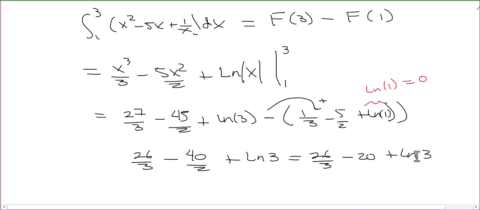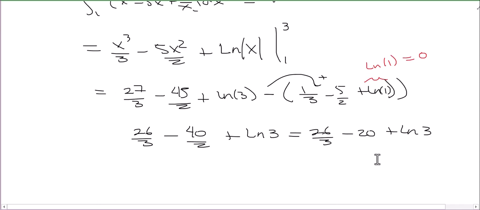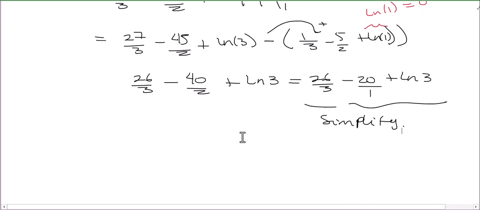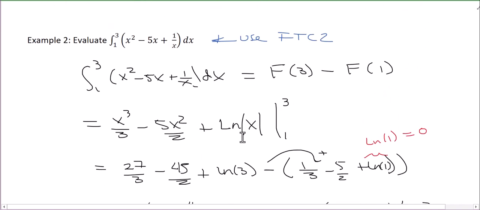You can get a common denominator here and make things easier or prettier. So common denominator will be 3, so that will be negative 60, and so you can simplify further and to get a more exact answer. But notice how much faster this is using FTC 2 than trying to use a Riemann sum.